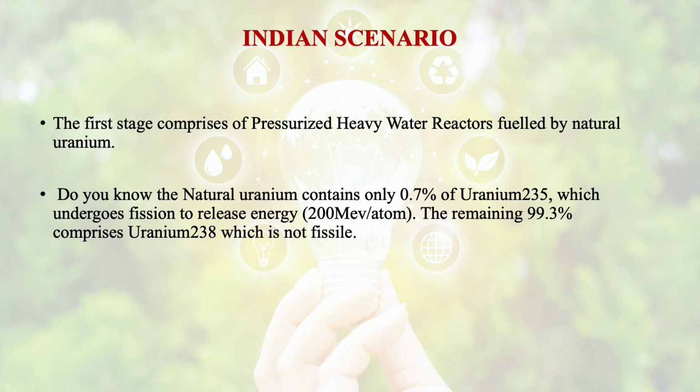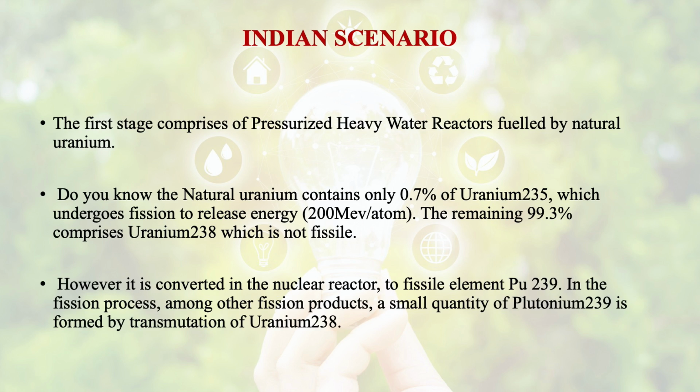Do you know that natural uranium contains only 0.7% of uranium-235, which undergoes fission to release energy of around 200 MeV per atom? The remaining 99.3% comprises uranium-238, which is not fissile. However, it is converted in the nuclear reactor to the fissile element plutonium-239.